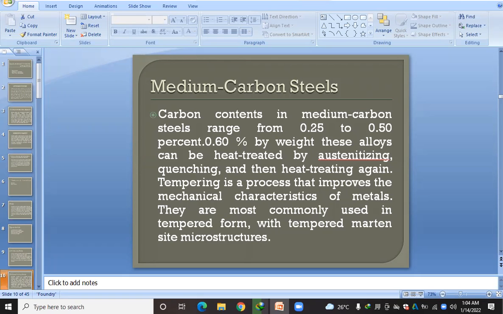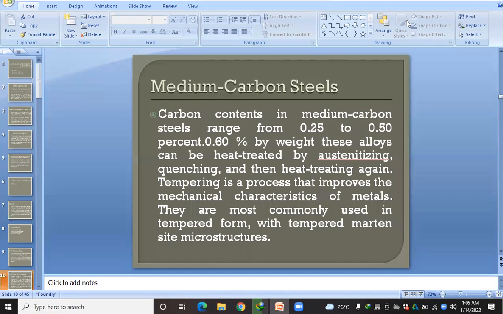Next is austenitizing and quenching. Quenching is the soaking of metal at a high temperature and then rapidly cooling it, submerging the steel body in a cooling medium.